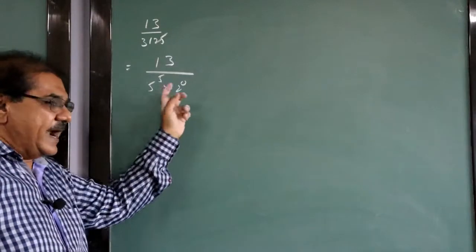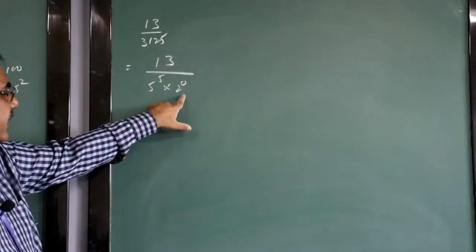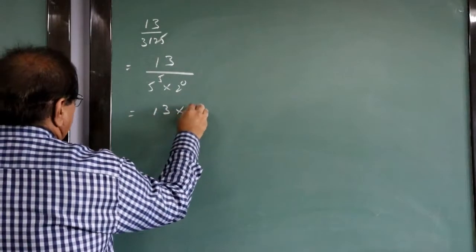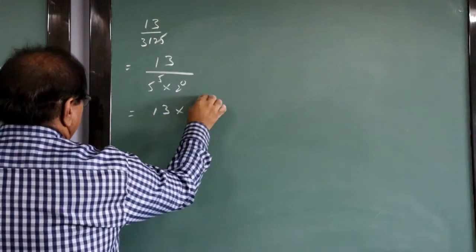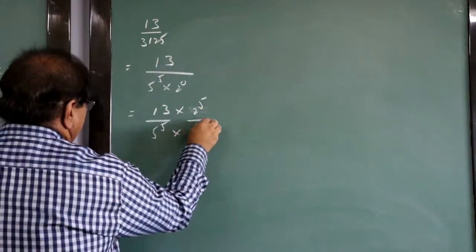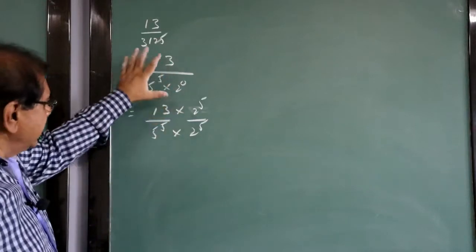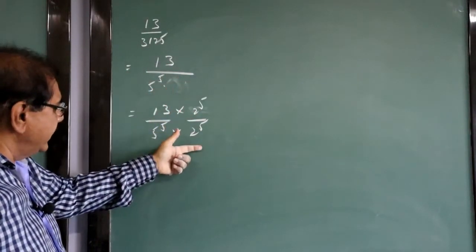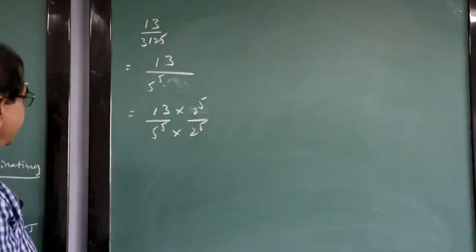To end the denominator with 0, I want here 2 raised to 5. So it is 13 multiplied by 2 raised to 5, and here it is 5 raised to 5 multiplied by 2 raised to 5. So ultimately the number is multiplied by 2 raised to 5 upon 2 raised to 5, whose value is 1. So the number is not changed.